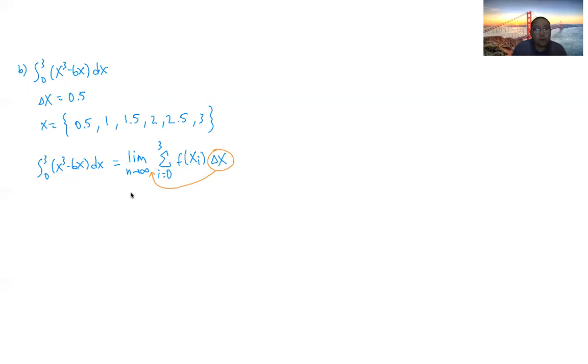And so we can rewrite this right side, and I'm going to keep it consistent. We can rewrite this right side as the limit as n approaches infinity of 1/2, because that's what delta x is, multiplied by this summation from 0 to 3 of our function x cubed minus 6x.